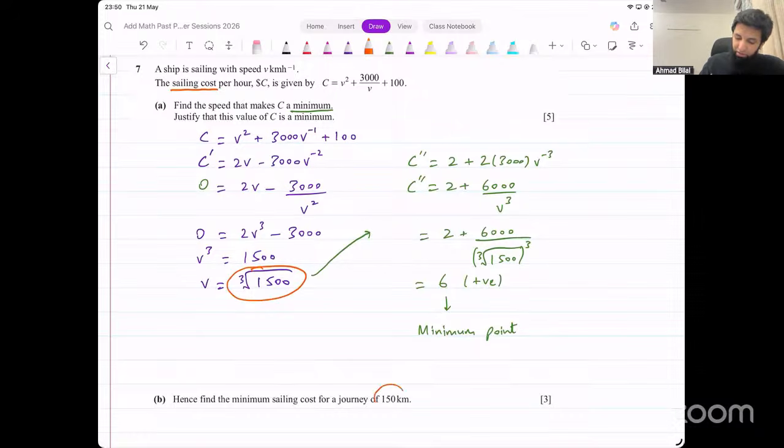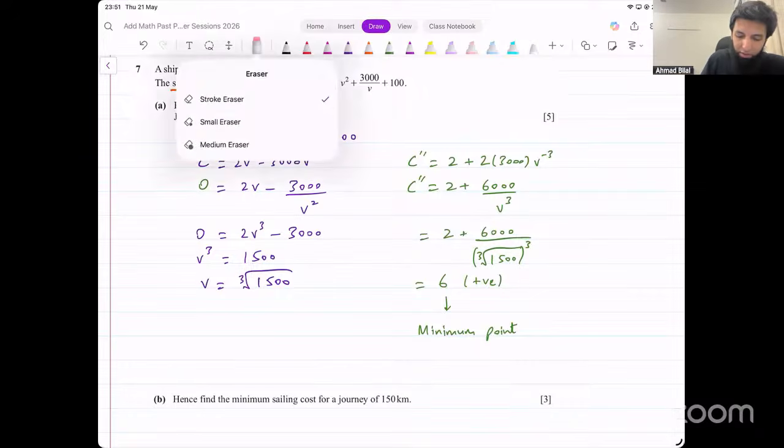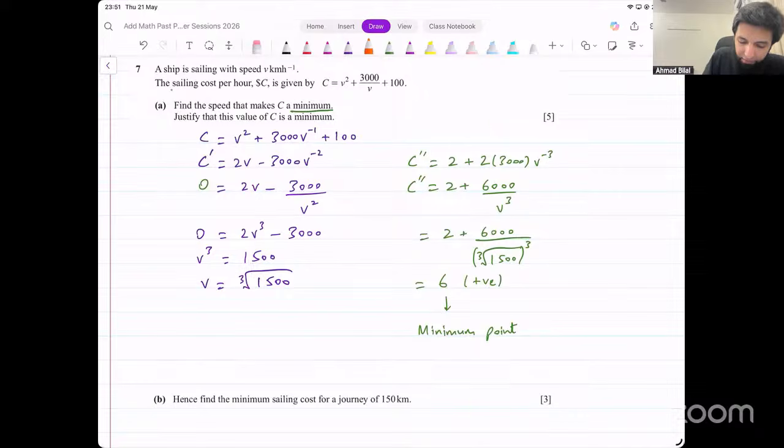Now, if they travel a distance of 150 kilometers, we have to find the total minimum sailing cost. Okay, so the distance is 150 kilometers, and the cost is going to be minimum at this. So the sailing cost is actually given per hour. This is per hour sailing cost.